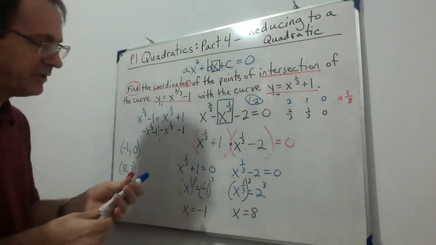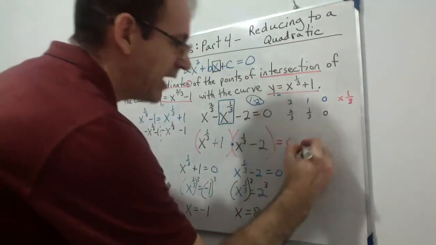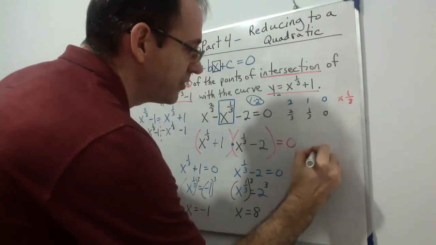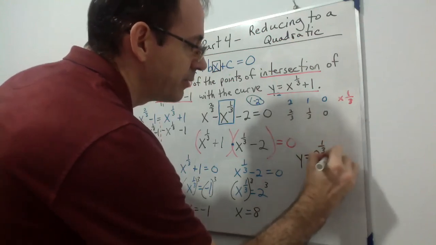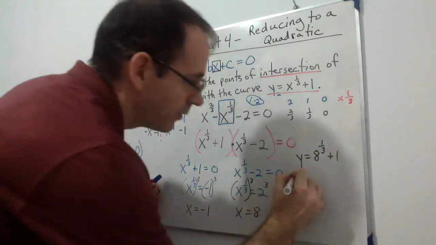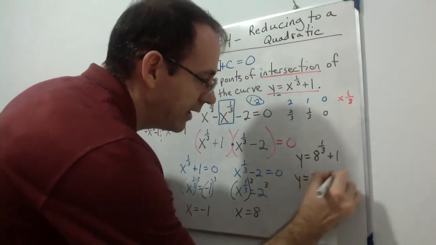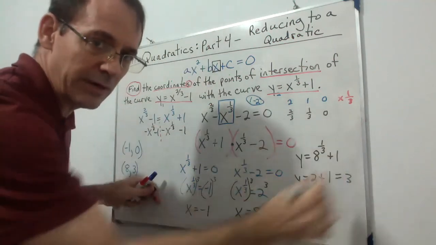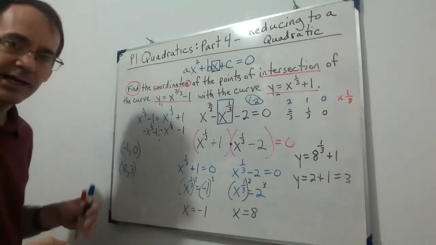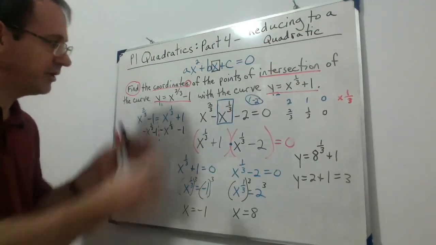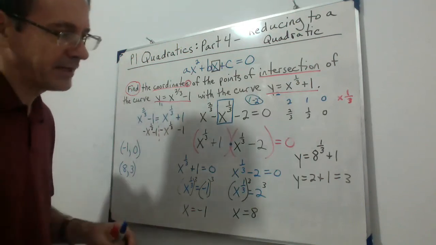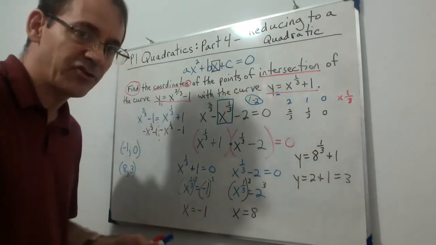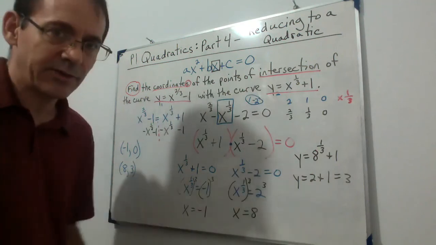If you need to do it like on the side like this, y equals, say, 8 to the 1/3 plus 1, y equals 2 plus 1 equals 3. You can write it out. If you can do it in your head, then that's good. You can do it in both so that you double check your mental math. But if you need to write it down and solve it, you can do it that way as well.